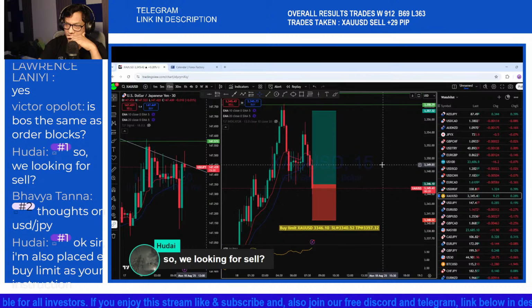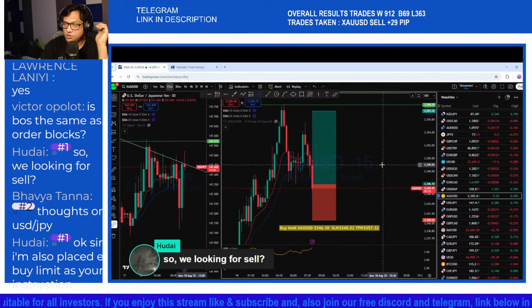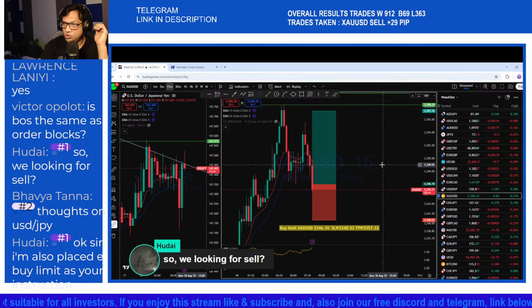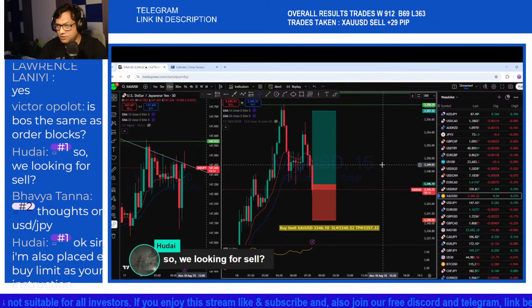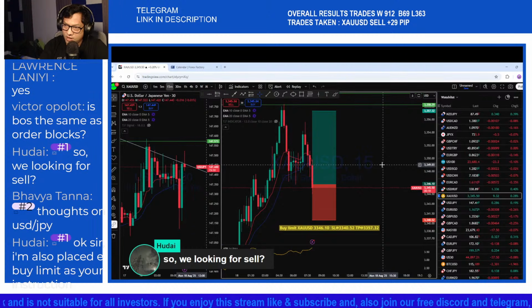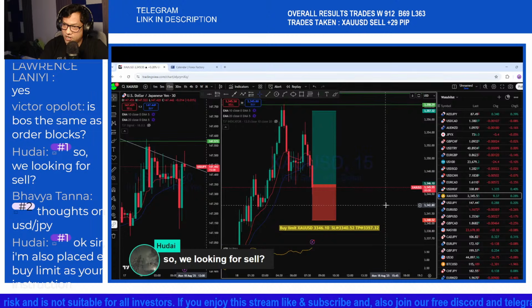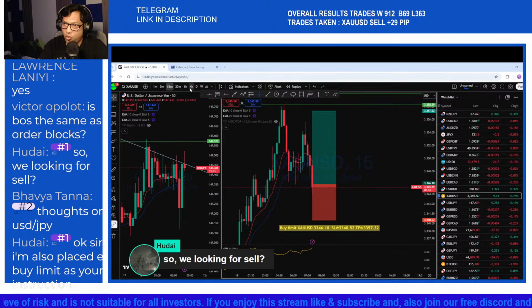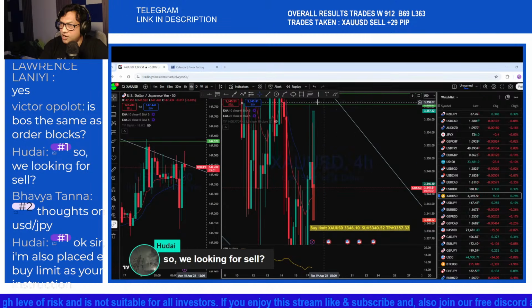Expecting a rejection here. We see there is a 15 minutes candle close, and let's see whether the candle closes back below or carries that rejection again. And that's why we are waiting to see the market reject back again at least to the 4-hour resistance line.